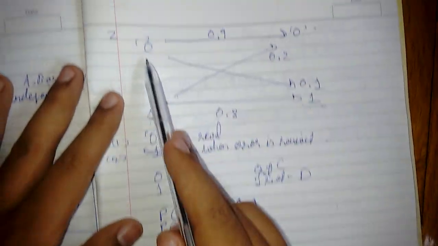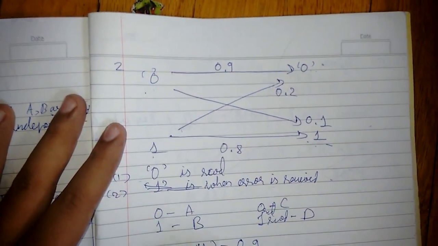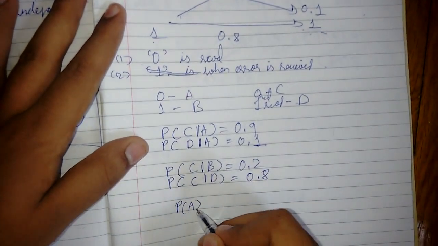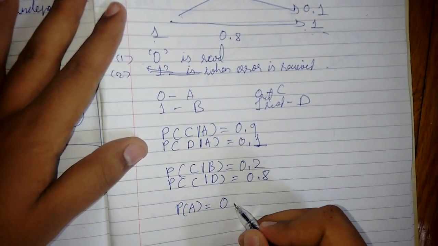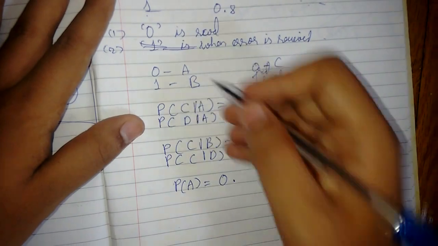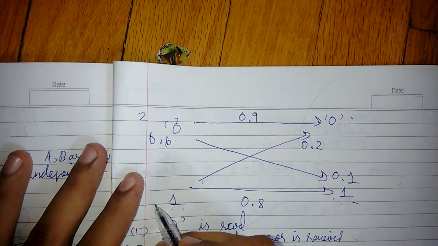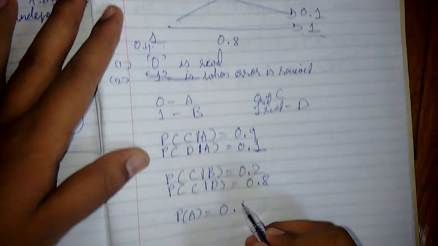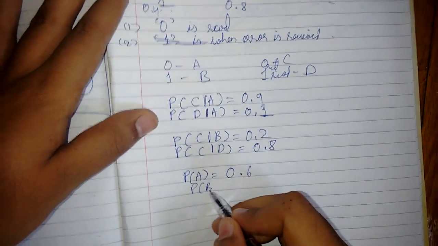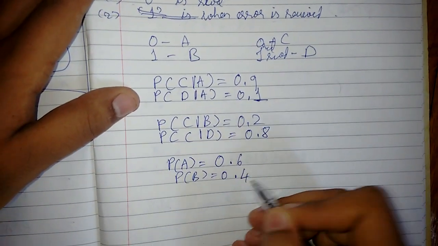And the probability of sending a 0, that is event A occurs, is 0.6, and when 1 is sent, it is 0.4. P of A is equal to 0.6 and P of B is equal to 0.4.